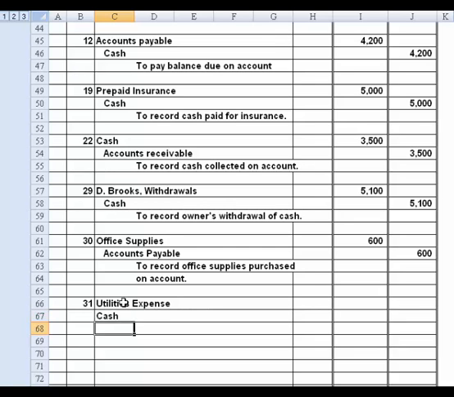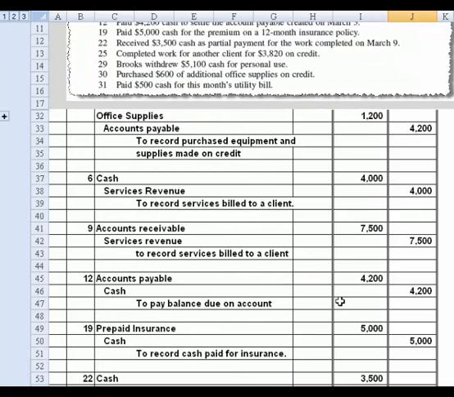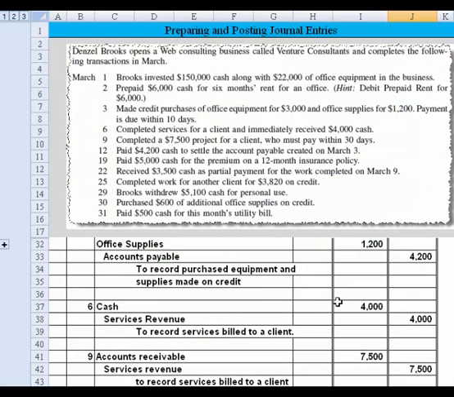I'll type in cash, and I'll type in, over here, to record the monthly utility. Okay, so then I'll indent this one. And the dollar amount of the utility expense was $500 from above. And that should take care of all the entries that we have on part A of this problem.